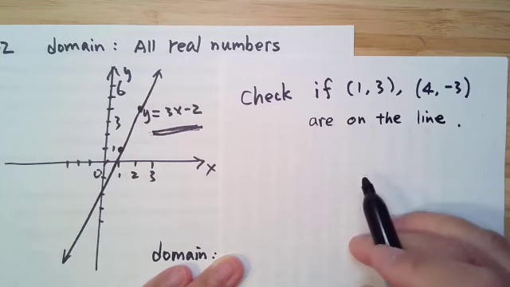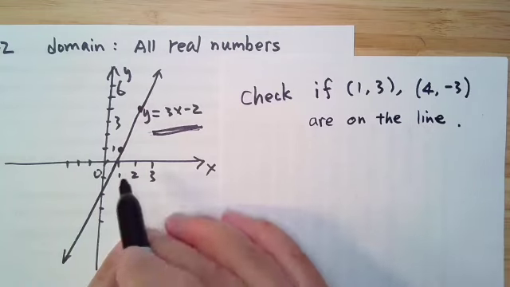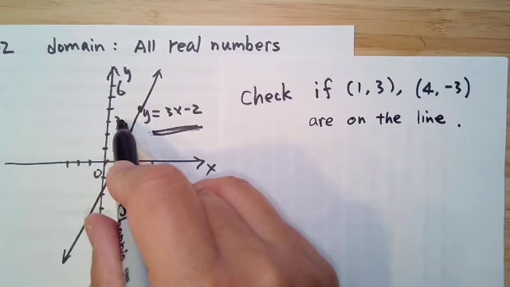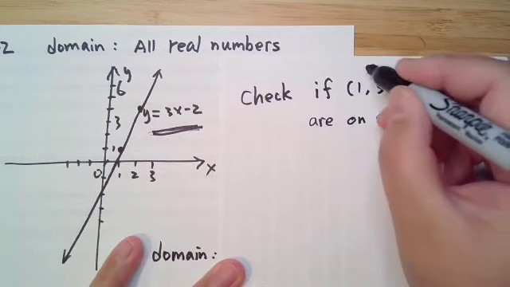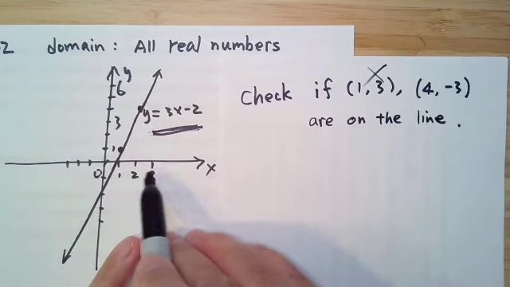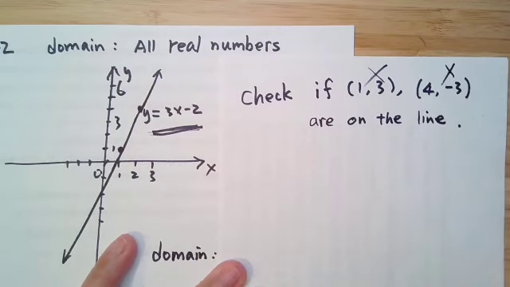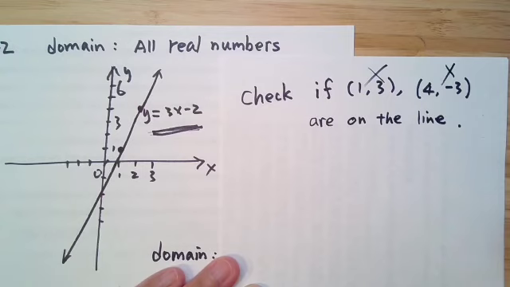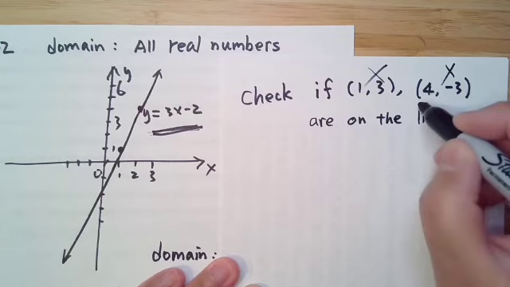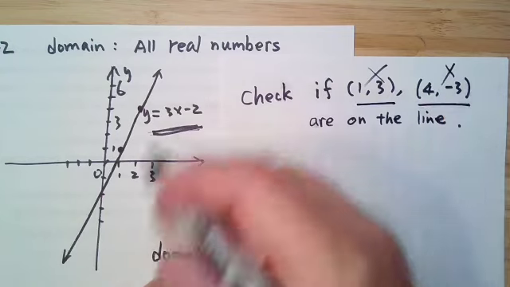So (1, 3), obviously it's not on the line. What about (4, negative 3)? This is not either. We can tell. So that means these 2 points, they're not on the line.